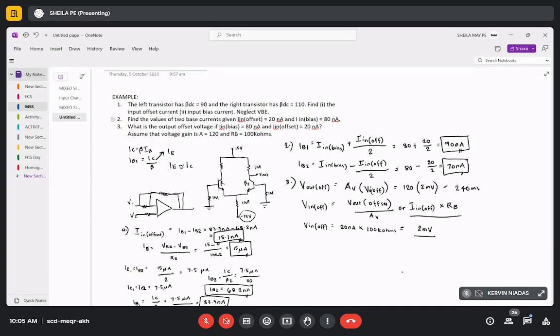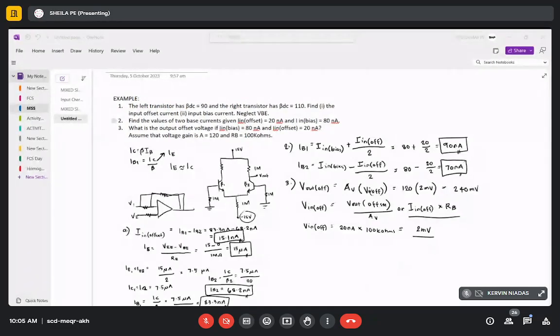Sakto ba millivolts? 120. 0.24, miss. 120 times 2 times 10 to the negative 3. 0.24?